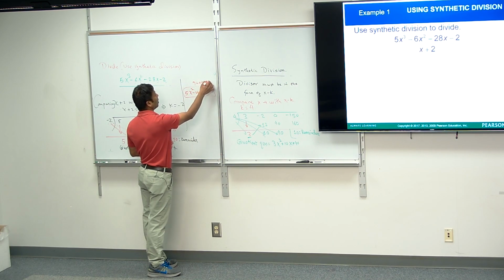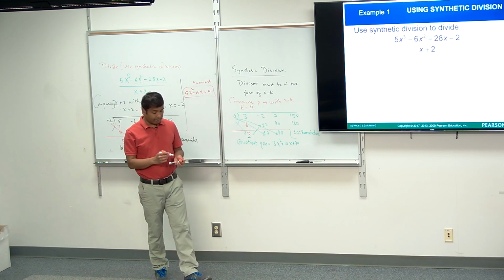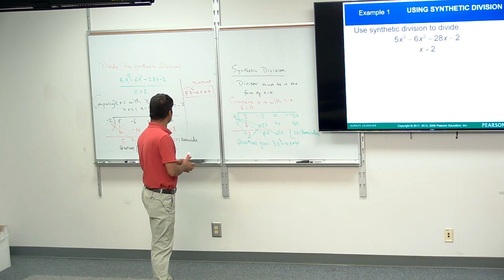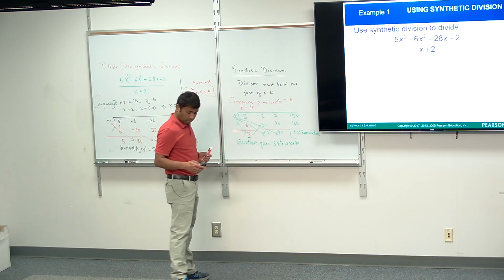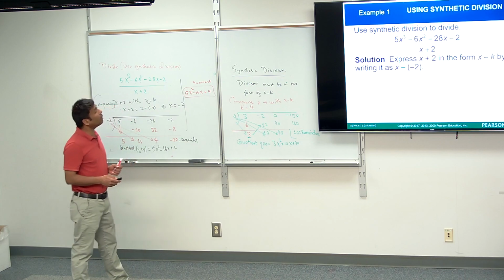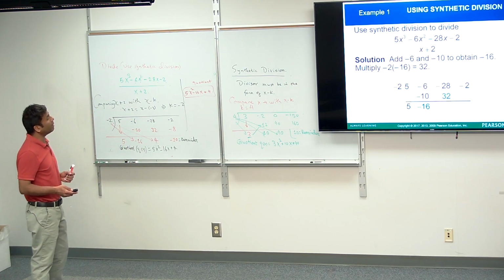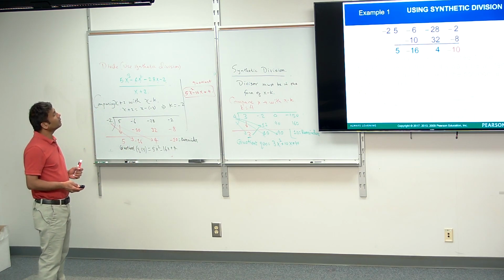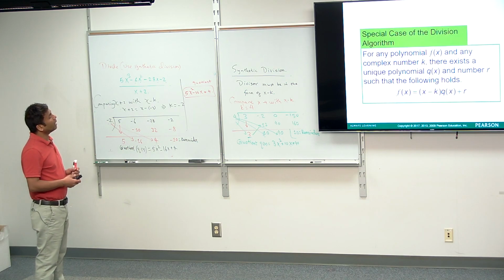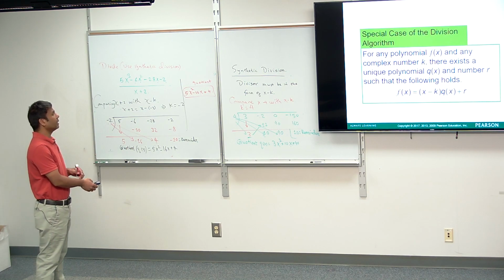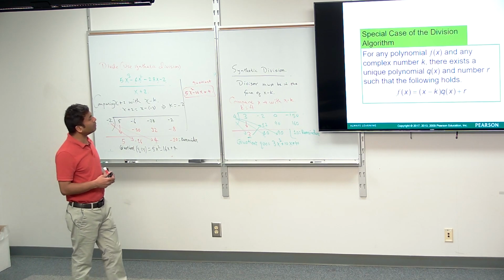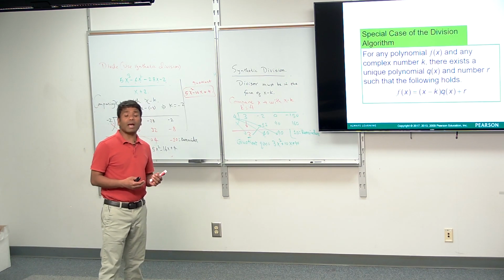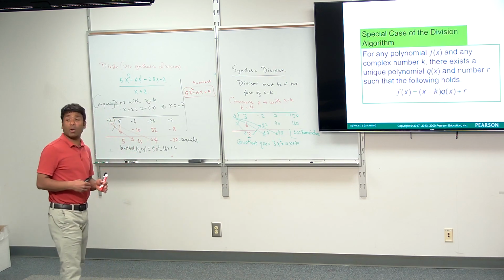You got it. Okay, so now you got that part. This is the special case of the division algorithm, where sometimes the remainder will be a number.